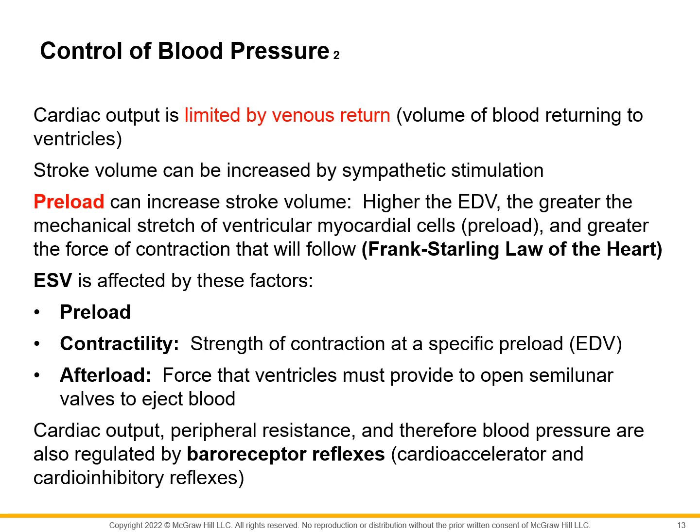Preload is mainly the blood that returns to the myocardium or the heart. The afterload is the resistance in the systemic circulation, especially the aorta and pulmonary trunk, and the cardiac contractility is the strength of the muscles.